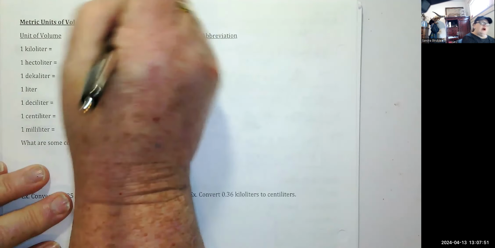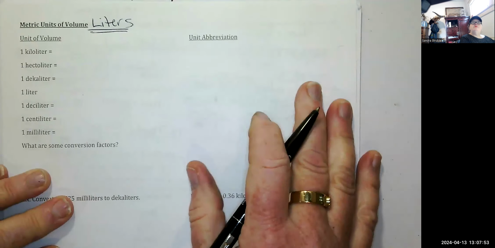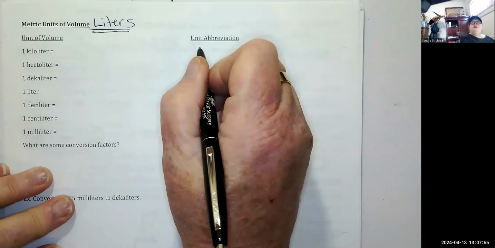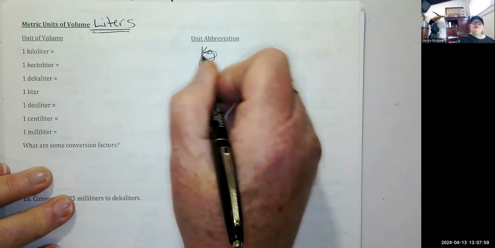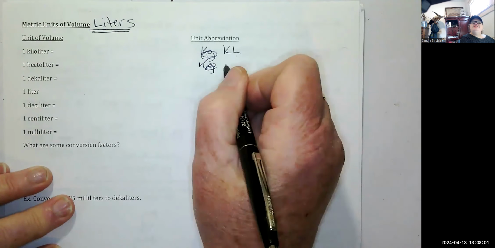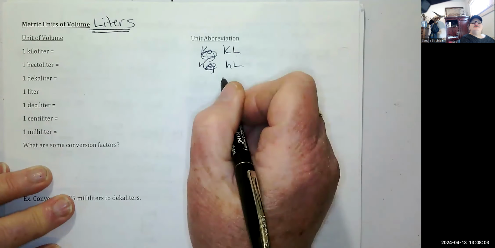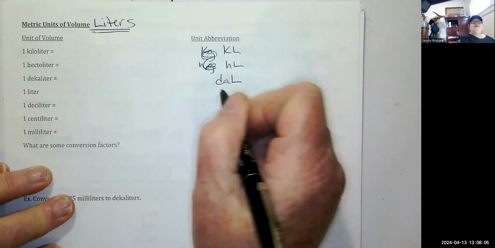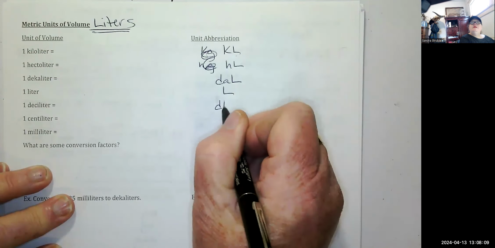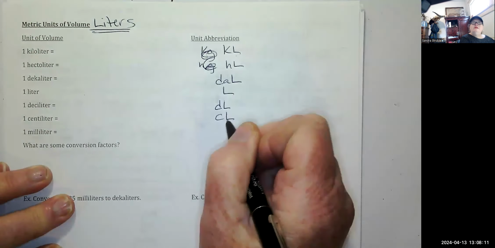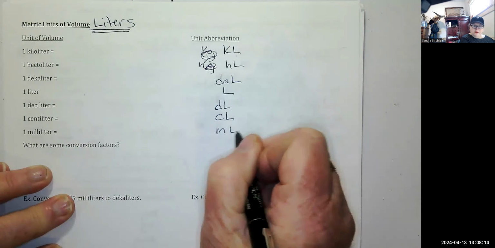So liters is what we use for our base value for metric for volume. I'm going to go through and put my abbreviations: kiloliters, hectoliters, deca, D-A-L, and then we've got liter. Deciliter is DL, centiliter is CL, and then milliliter is ML.